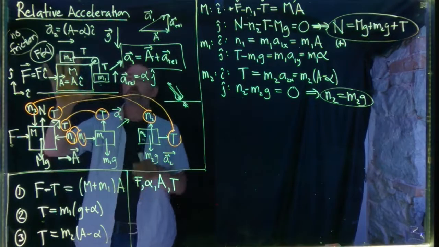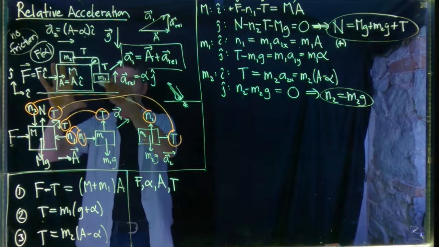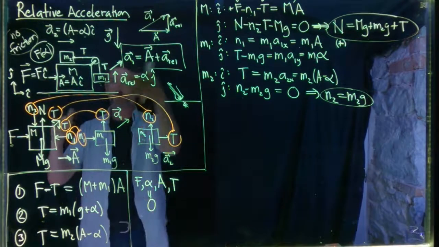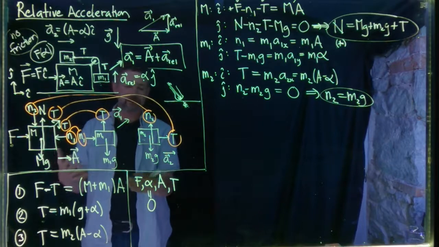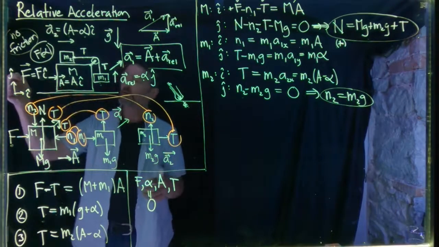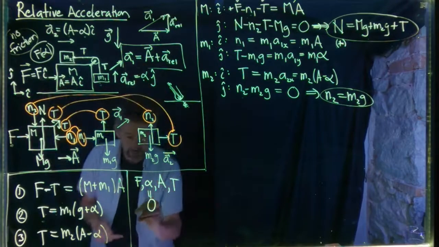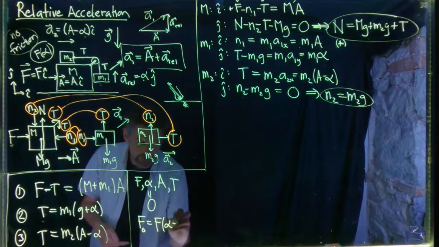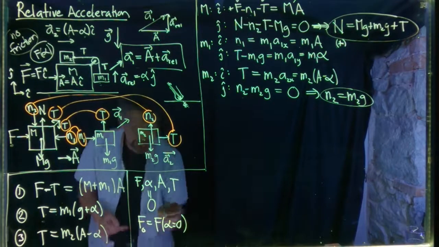A natural thing would be to demand that alpha equals 0. If alpha is 0, then there's a unique solution for these three equations and three unknowns, and then you can solve for the critical force F0. So F0 is the force when alpha is equal to 0. And that's what we're going to do.